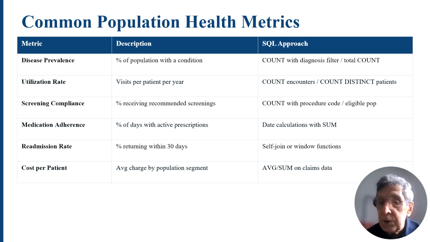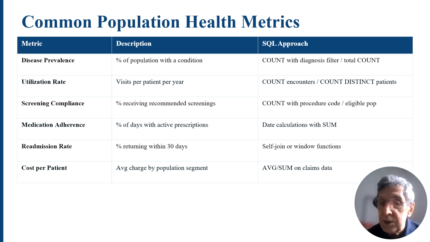Screening compliance, on the other hand, tracks what percentage of eligible patients received a recommended screening using a count with a procedure code filter divided by the total eligible population. Medication adherence measures the proportion of days a patient has an active prescription, which involves date calculations with sum.